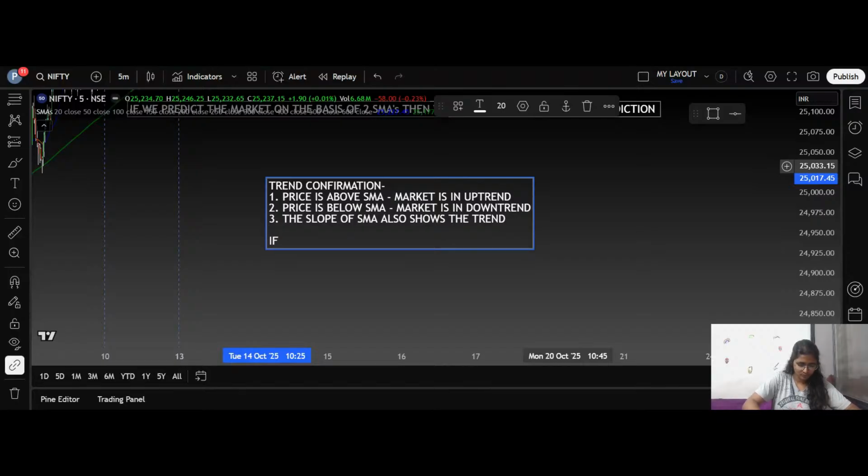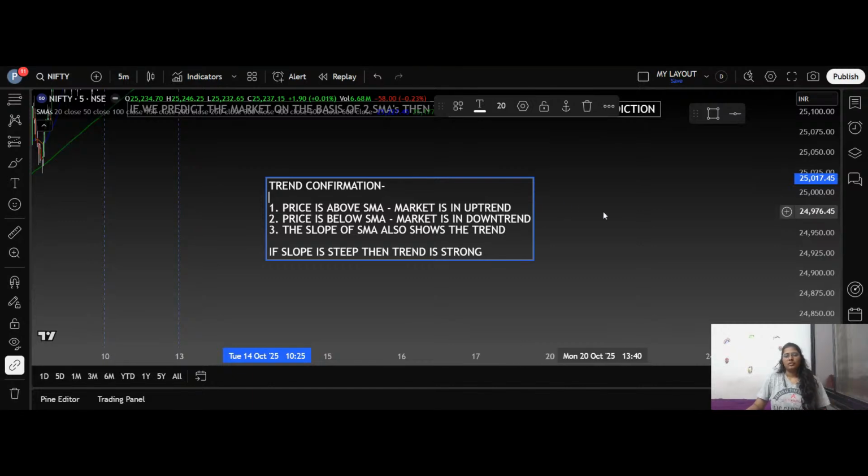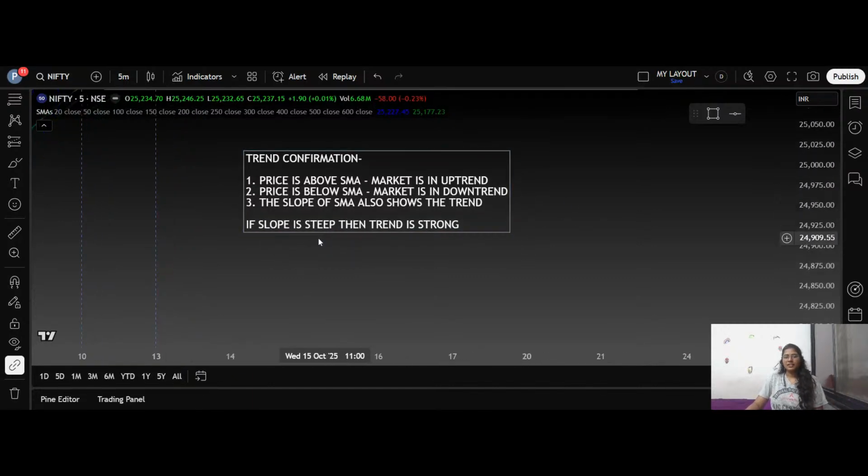If the slope is steep, then the trend is strong. So this is the basic trend confirmation from an SMA.